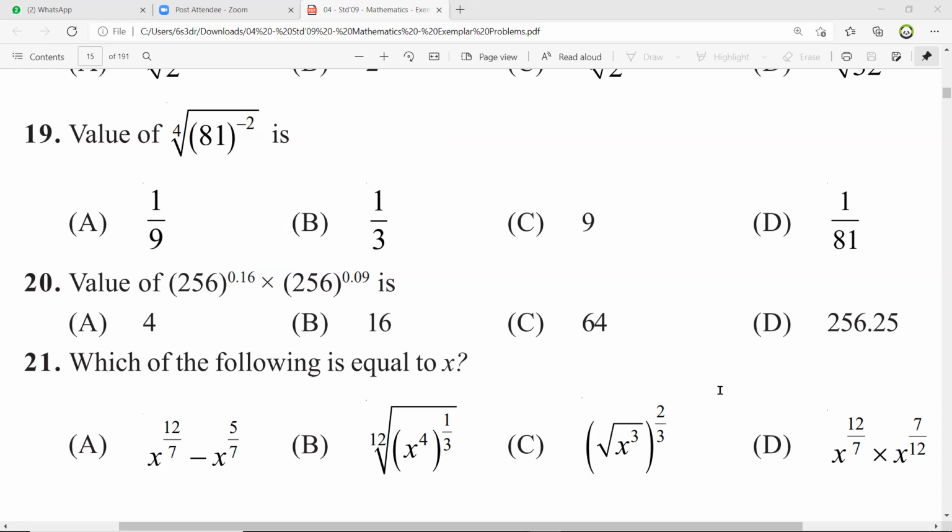Hamna, I need responses from you as well. So the second option is x to the power 4, this thing to the power 1 by 3, and the whole thing, like we have a 12th root of the whole thing.